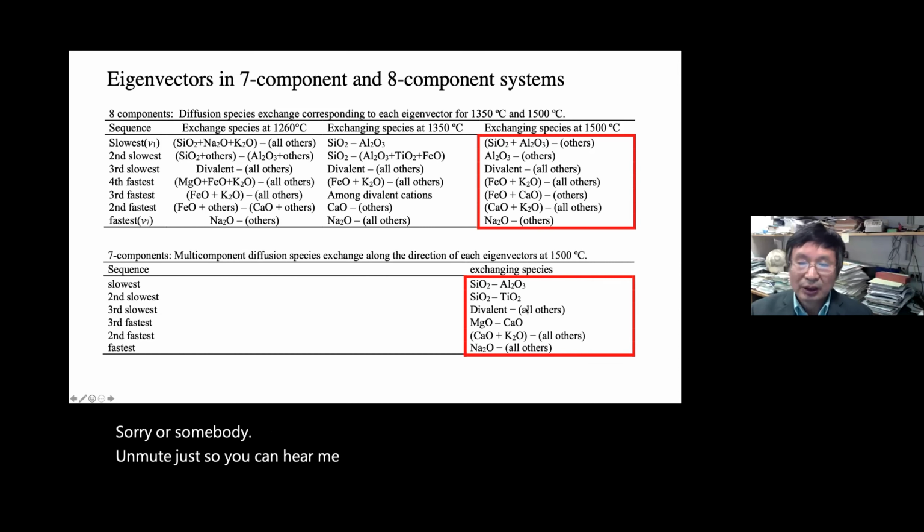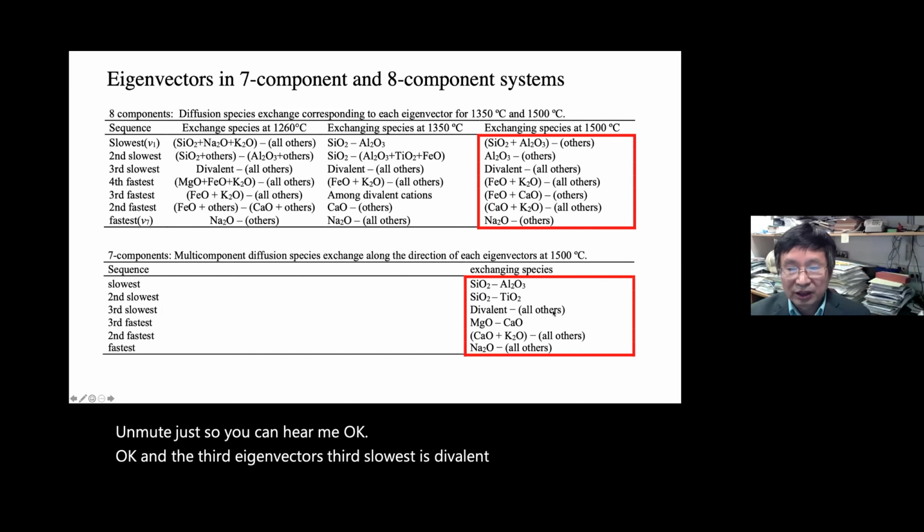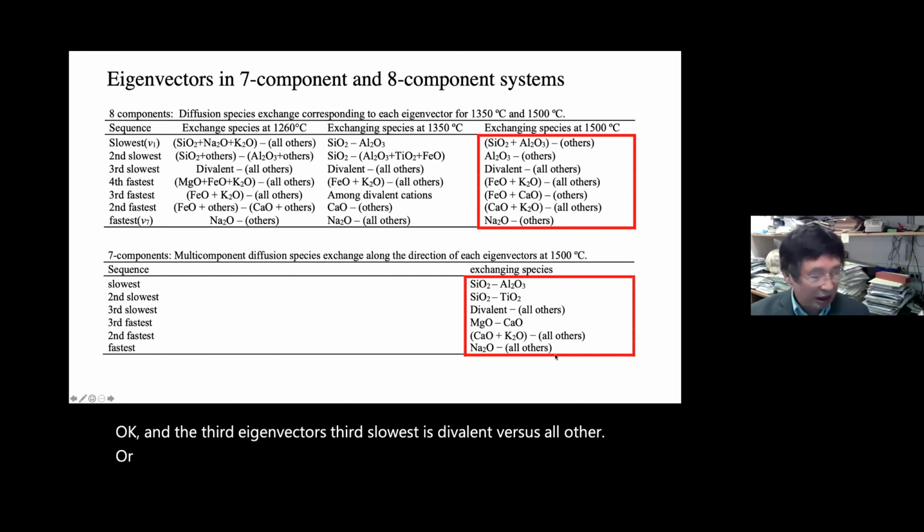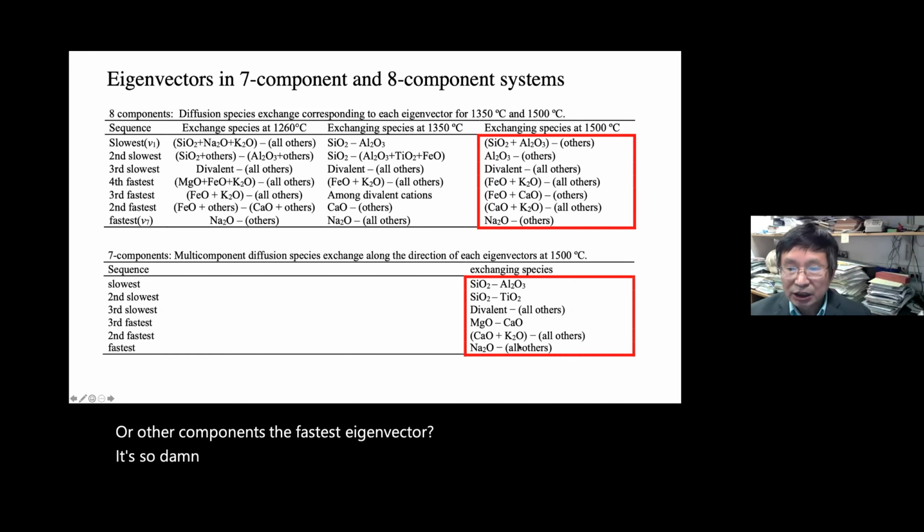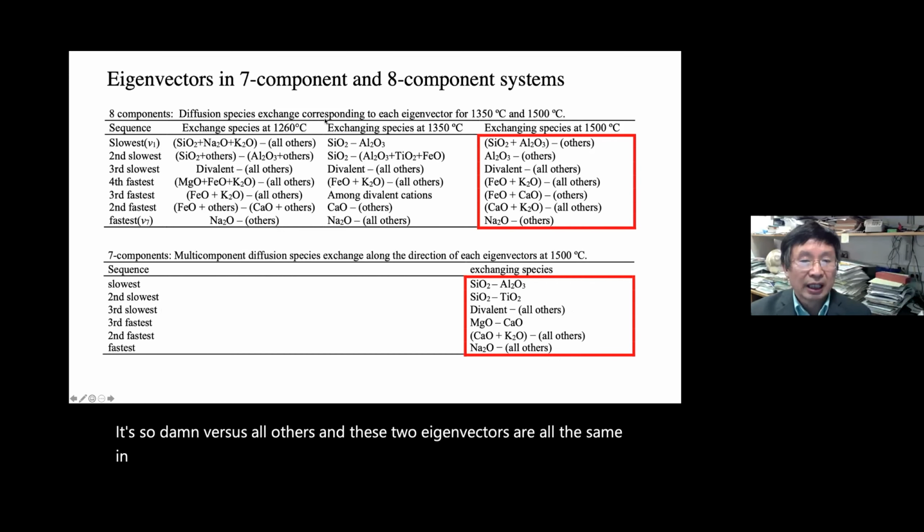Yeah, you're fine. Okay. And the third slowest eigenvector is divalent versus all other components. The fastest eigenvector is sodium versus all others. And these two eigenvectors are the same in both basalt and haplobasalt.